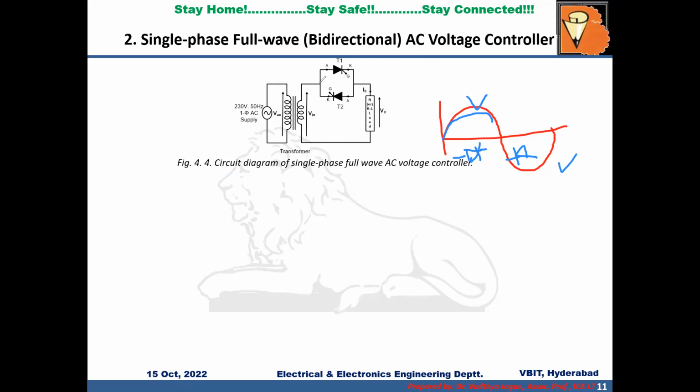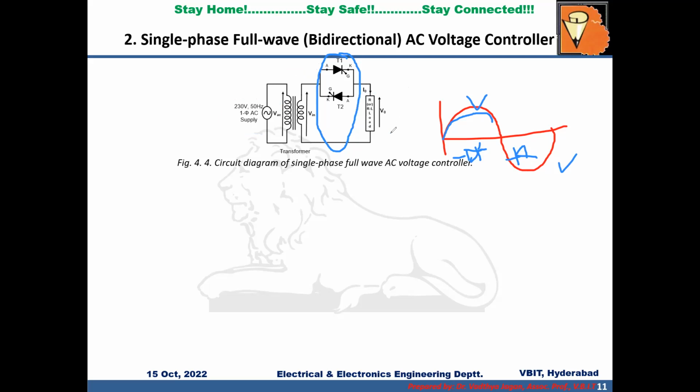So let us see. This is the power electronics converter, which is converting the fixed AC voltage with the fixed frequency to a variable voltage with a constant frequency, right?